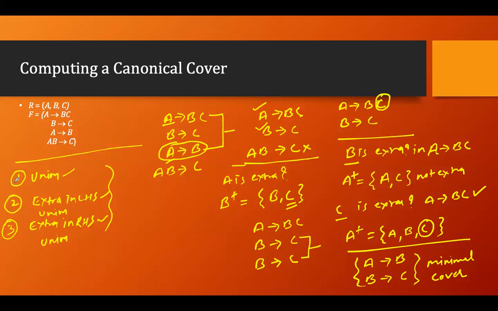So this is the first, second, and this is the third one. There's a fourth one, and this is the fifth one. So always we have to follow this particular procedure to find out the canonical cover or the minimal cover. Both are same. So in the example, it may be asked like find out the minimal cover or find out the canonical cover. So you have to go for this particular procedure.